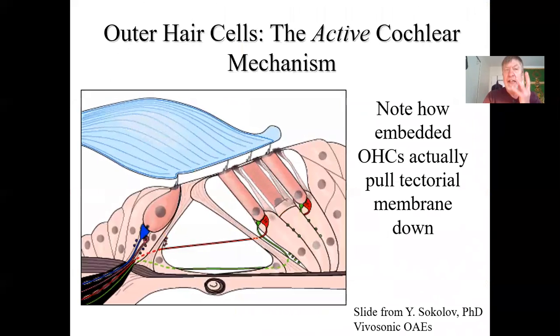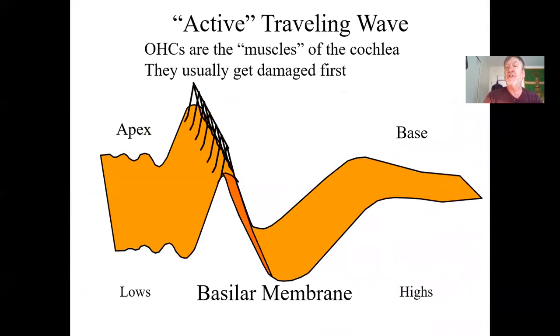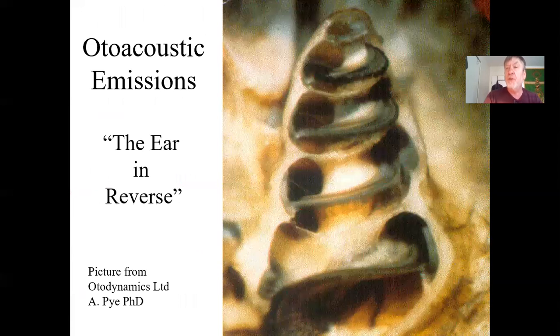So you don't get anything for free. So the very fact that the cochlear hair cells are amplifying and sharpening the traveling waves means that they are producing what's called otoacoustic emissions. In all essence, the ear working in reverse. Watch what happens.